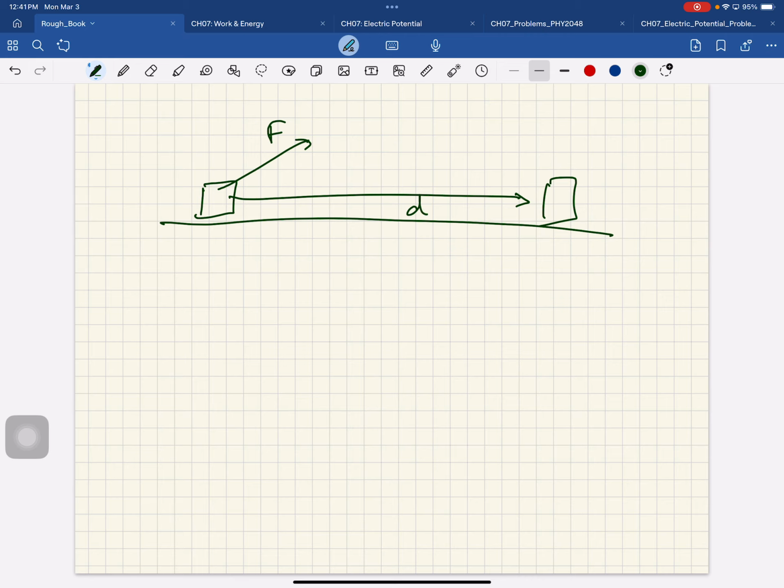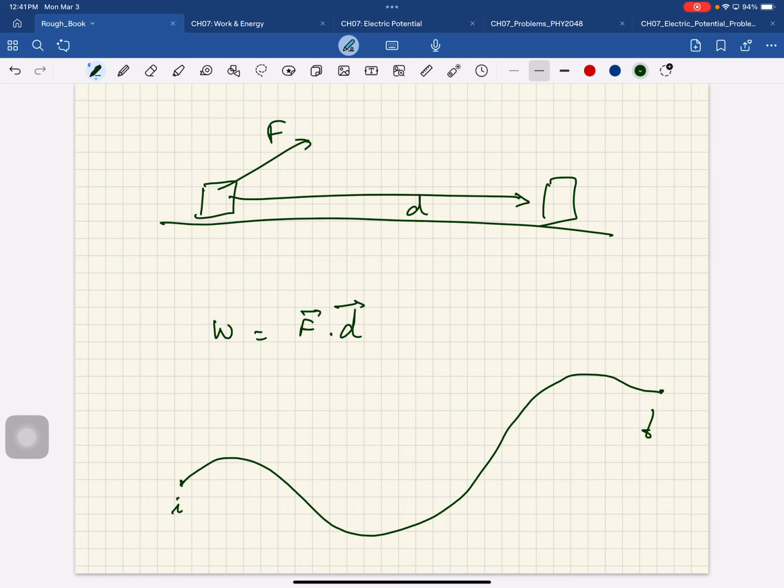If you have an object moving in a straight line and a constant force acts on it, the work done by this force on this object when it moves from here to there is equal to this dot product. Let's say an object moves in a general trajectory from this initial point to this final point.